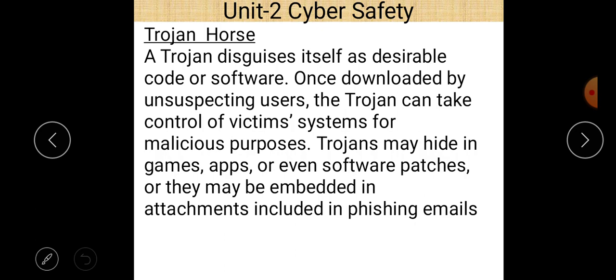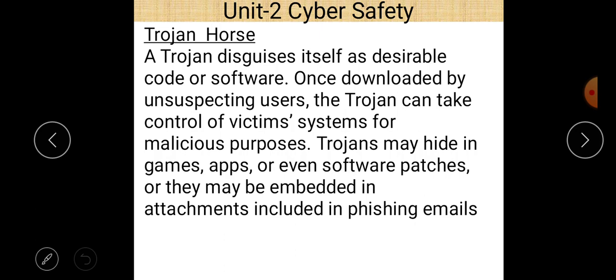The most important thing is that Trojan horses are hard to detect because they disguise themselves as desirable code of the software. Most of the time a Trojan horse may hide in games, different apps, or different software patches, and it may be embedded in attachments, including phishing emails.